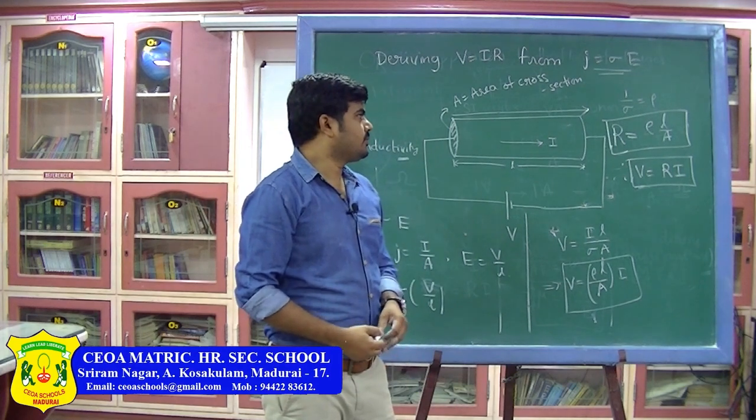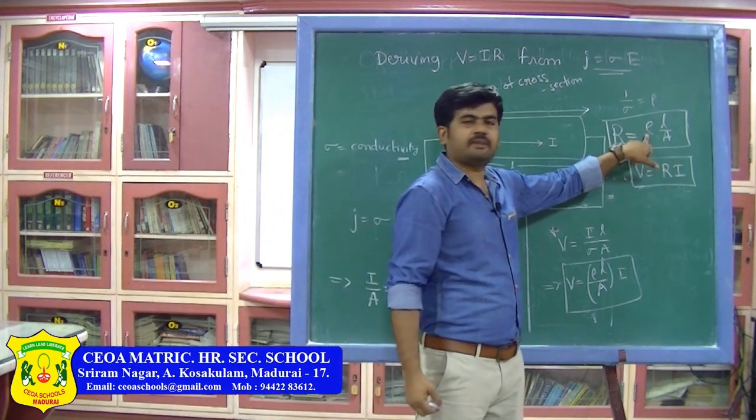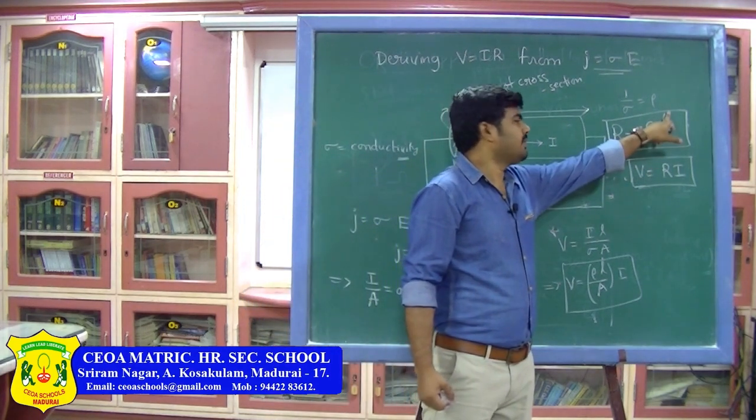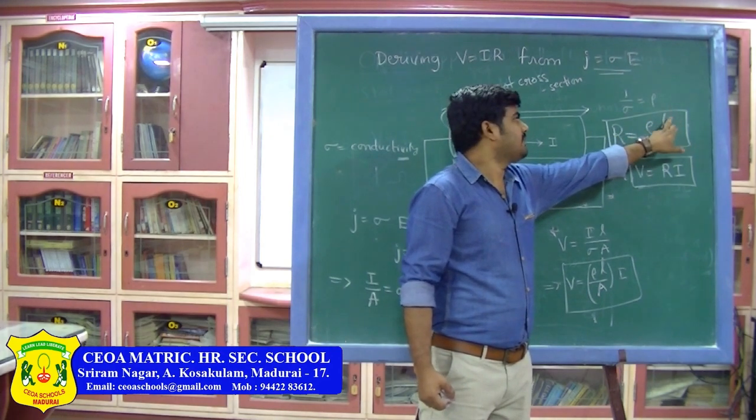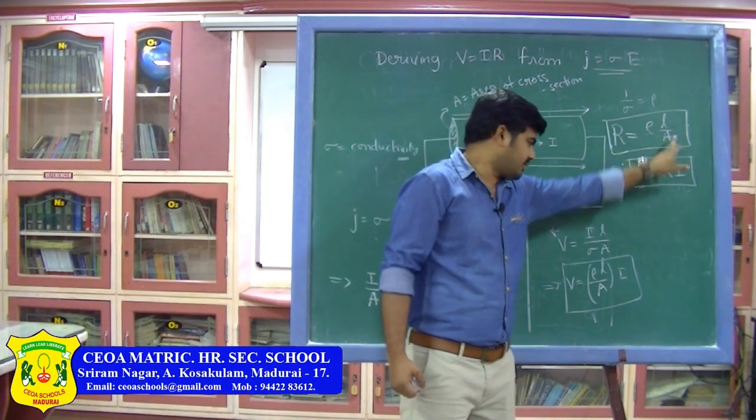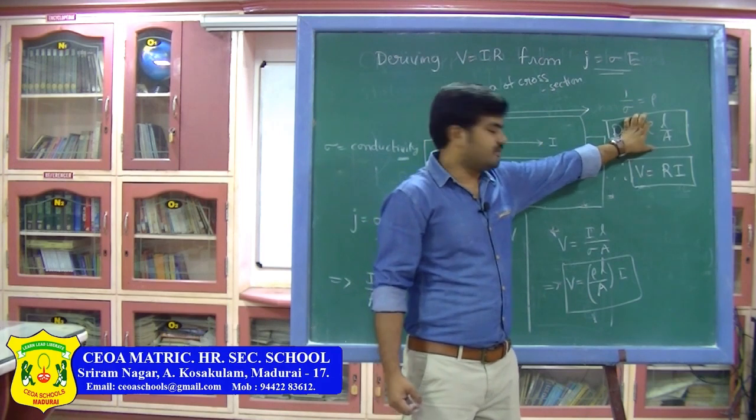So, R is equal to rho L by A, where rho is the electrical resistivity of the material, L is the length and A is the area of cross section. Now, let us continue with this equation.